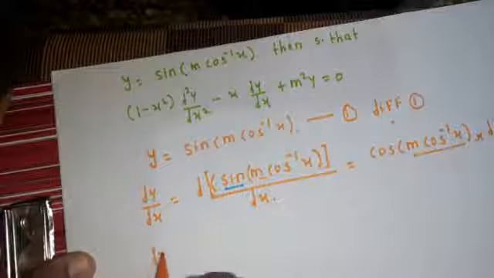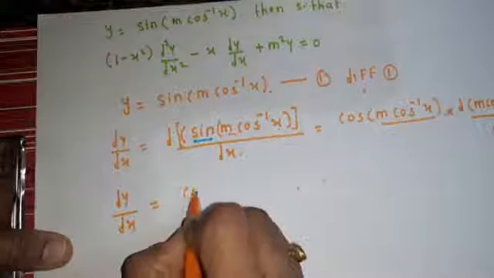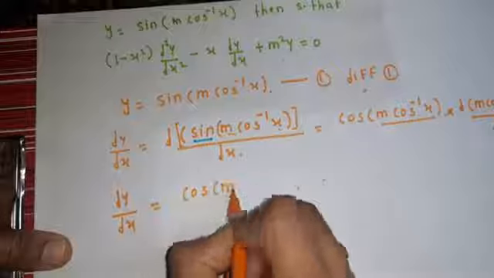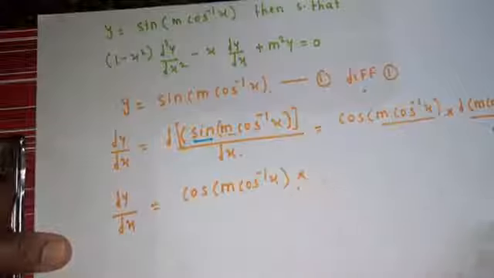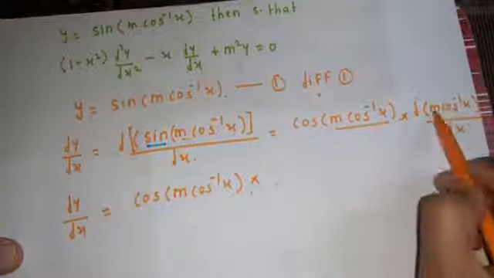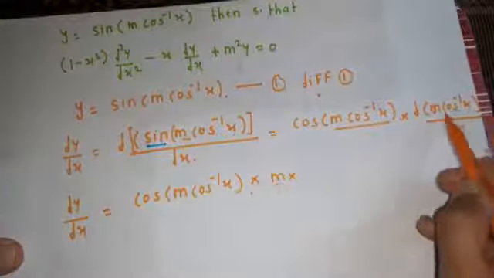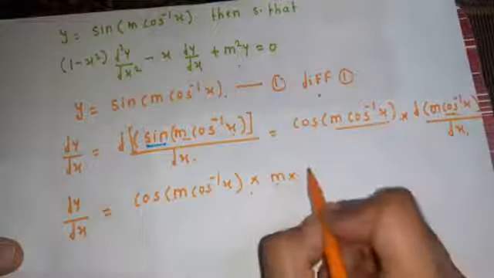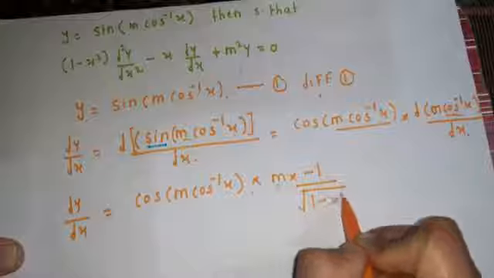Therefore dy by dx equals cos of m cos inverse of x into the differentiation of m cos inverse of x. Here m is constant and the differentiation of cos inverse of x is minus 1 upon square root of 1 minus x square.